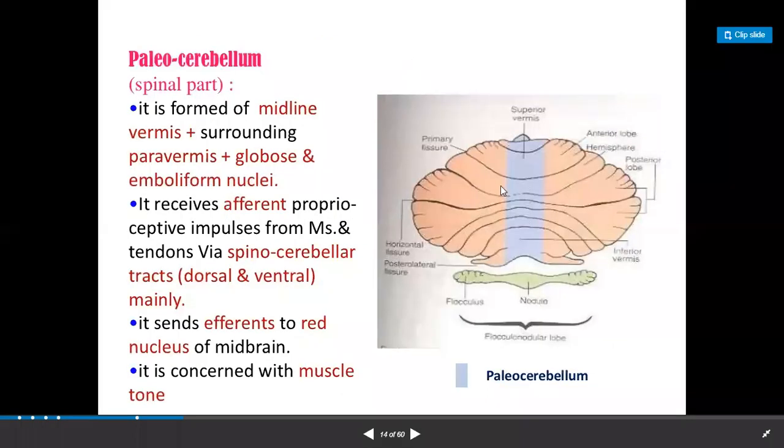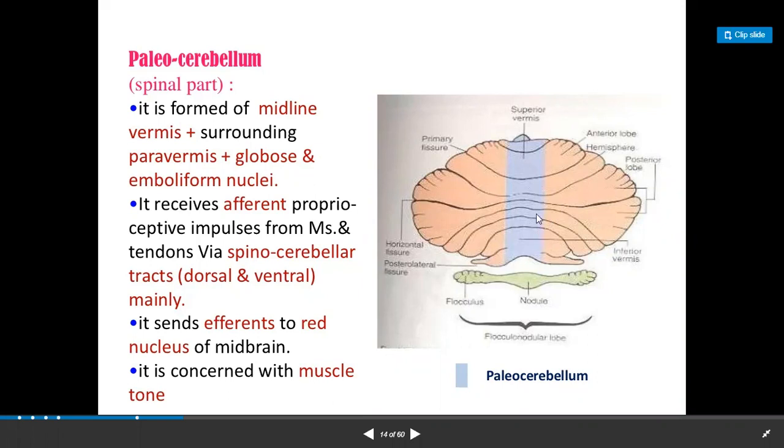Now coming to the paleocerebellum, the spinal part. It is formed by the midline vermis surrounding the paravermis. On either side of the vermis, we call it the paravermis. Then we have the nucleus globosus and emboliformis.